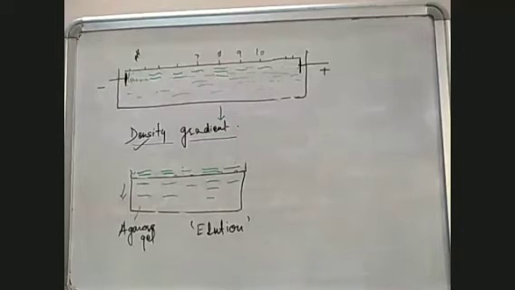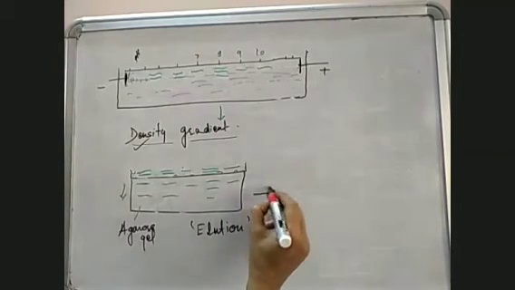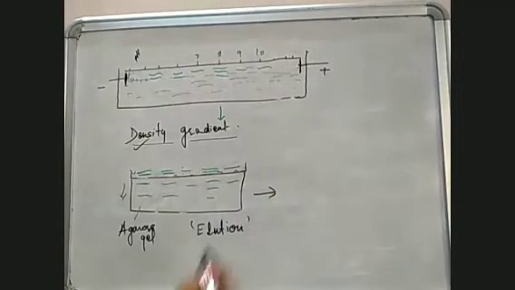If we want to store the DNA fragments for a long time, then there is another way by which they can be stored, and that is by transferring them to nitrocellulose membrane.